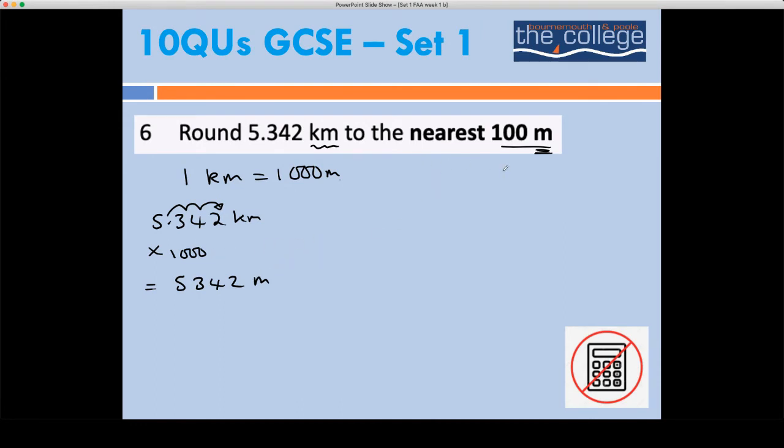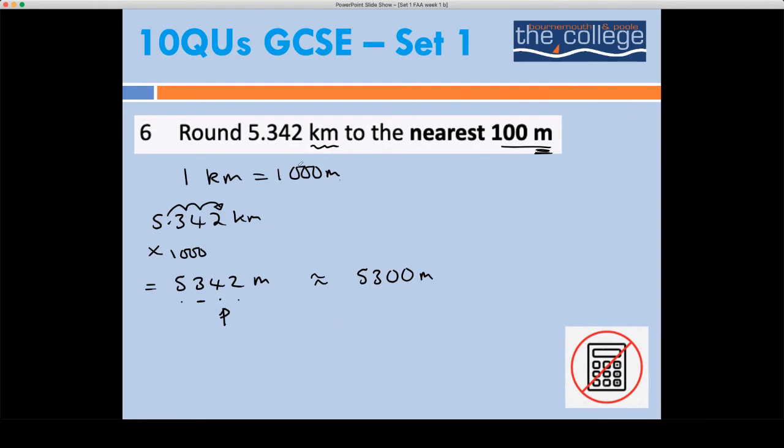So now we look at 100 meters. Now this is units of meters, tens of meters, hundreds of meters, thousands of meters. Okay, so we need to stop at this point. So we need to look at that 4. Now that 4 is on the lower end of our rounding scale. So if we're going to round it, so this is an approximation symbol, we're going to have 5300 meters. That has been rounded to the nearest 100 meters.